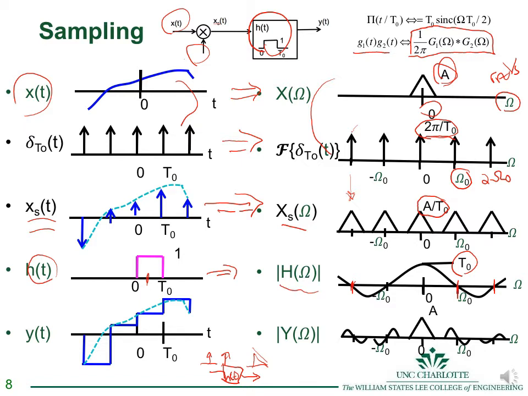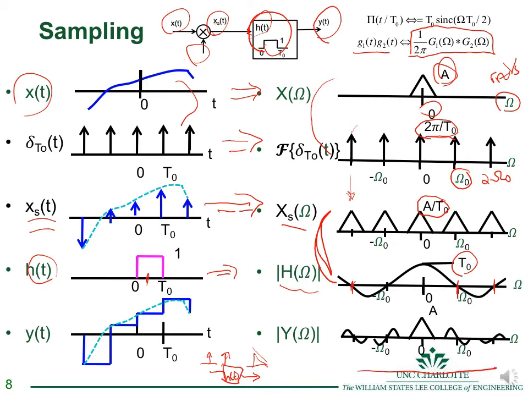Finally, the output y of t is the convolution of x_s with h of t. However, that convolution in time is multiplication of the frequency spectra. And so I just need to multiply X_s of omega by H of omega to find the final spectrum.